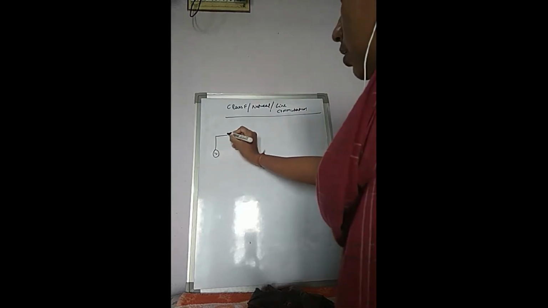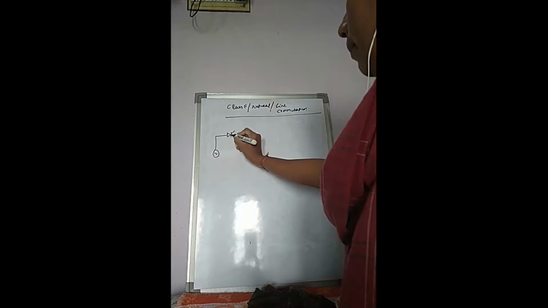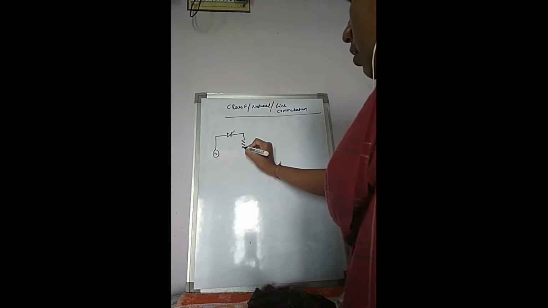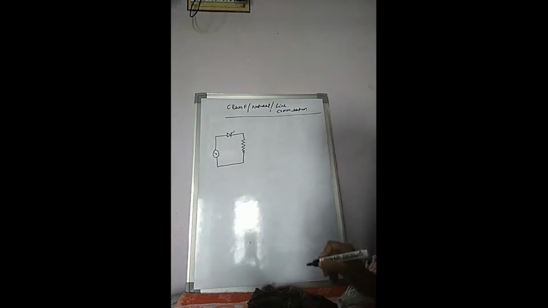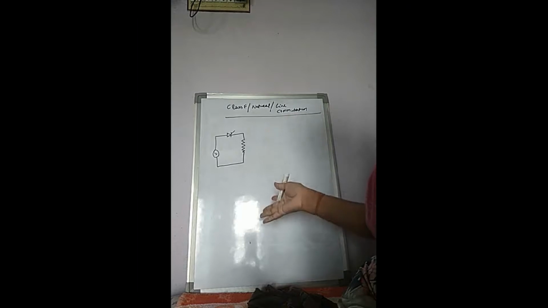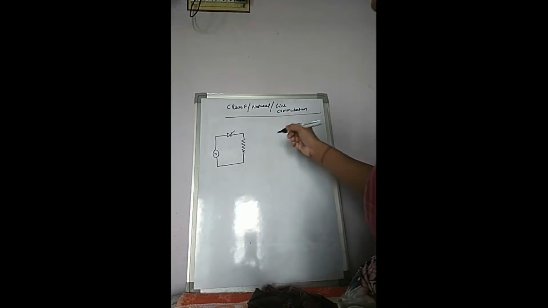Some more applications of this class F or natural commutation, as I already told you, are the line commutated inverter, AC voltage controller, step down cycloconverter, and the phase control converter. I will give the description of this line commutation process by using the phase control converter.